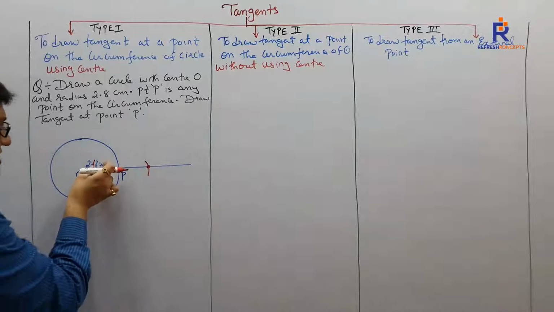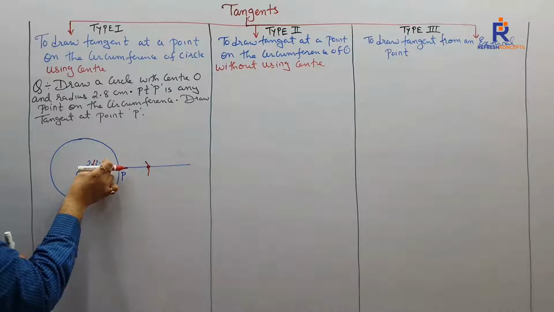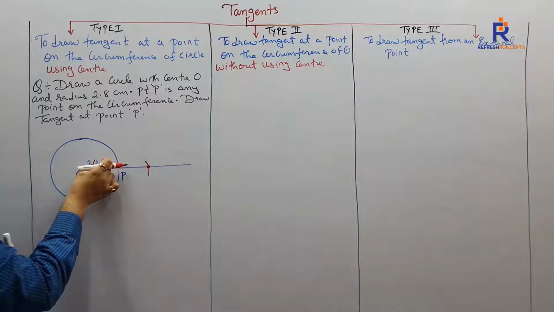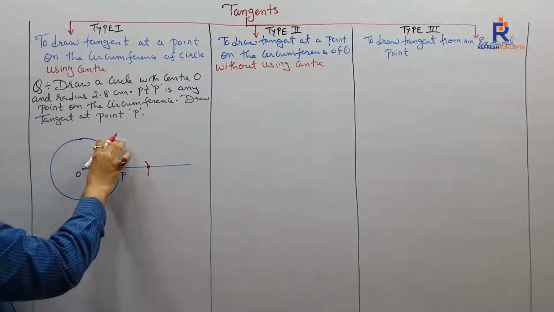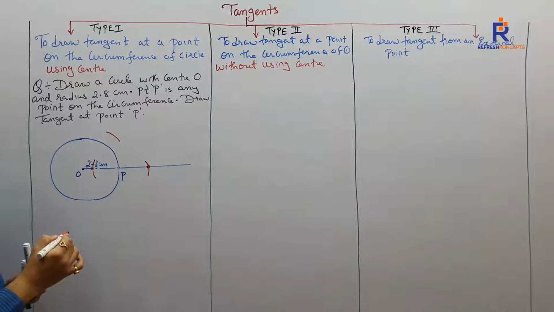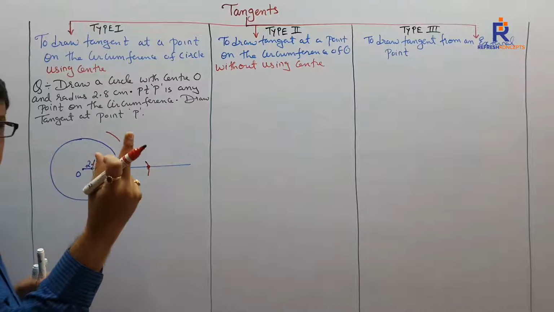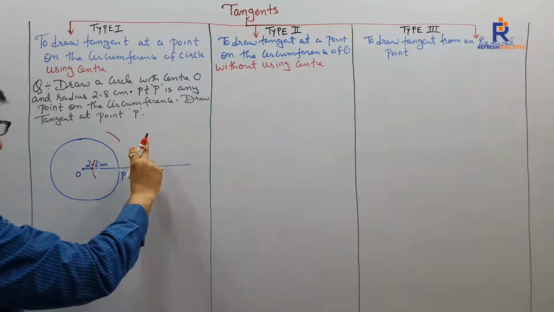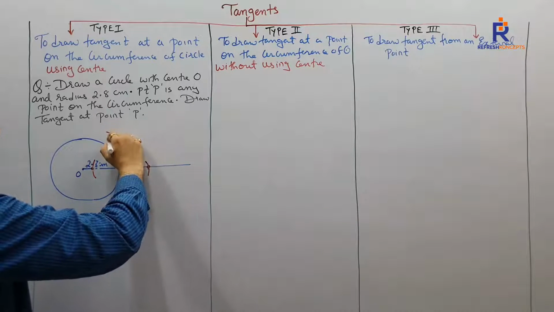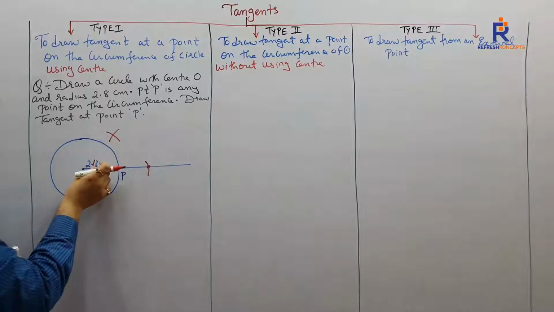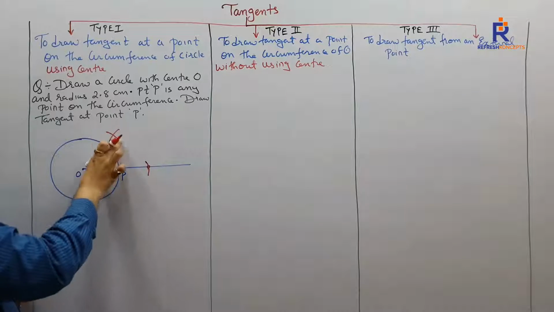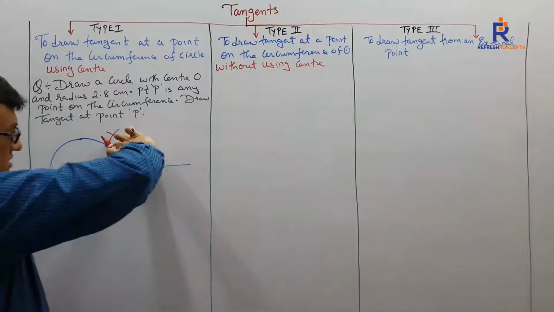Indeed. Now, with this as a center and any suitable radius, draw an arc out here. Keeping the radius unchanged, with this as a point, cut. Once again here, any suitable radius, cut. Same radius, cut.